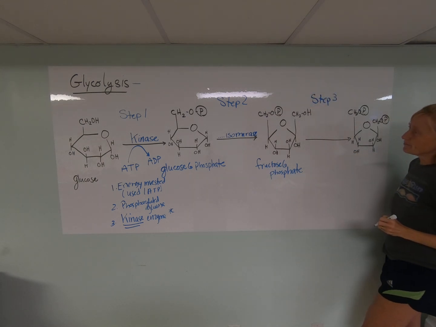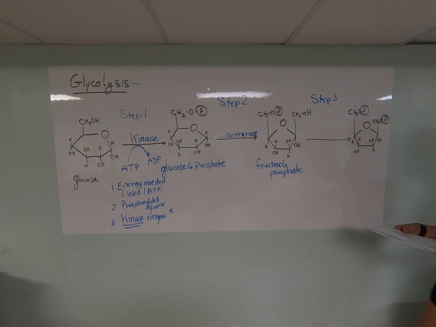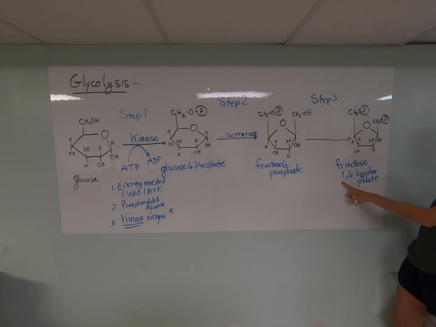Okay, in step 3, fructose 6-phosphate gets converted into fructose 1,6-bisphosphate. Oh my. What do you think the bis means? Two phosphates. And fructose picks up a phosphate.